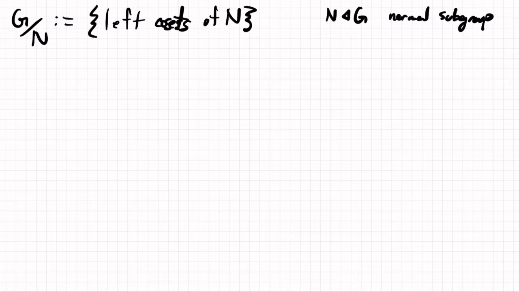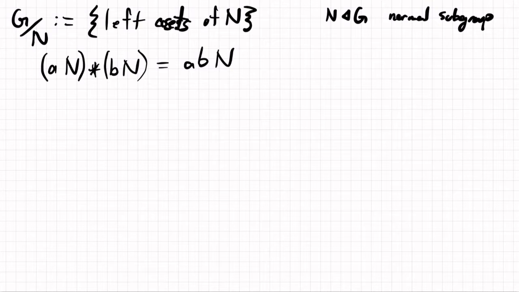So we've defined a law of composition, which is that we take the coset aN, and we want to define the law of composition with the coset bN. Say a and b are elements of G. These are two cosets, and this is equal to abN.